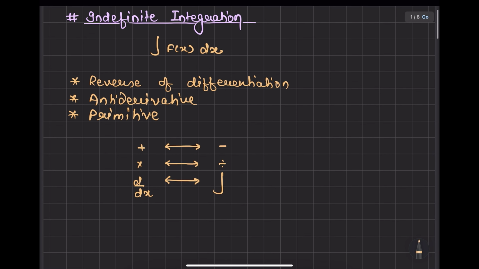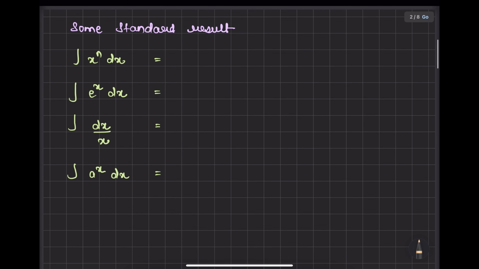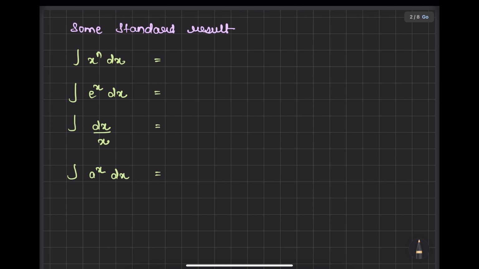So I will try to go through those formulas one by one. Suppose we have x power n, and that has to be integrated. Then the integration will be x to the power n plus 1 by n plus 1, plus an integrating constant.